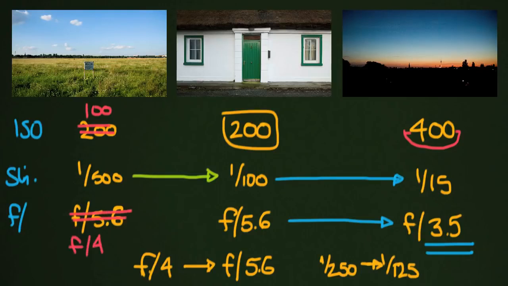So you've moved one stop here, so we've got minus one stop. Now we need to add a stop somewhere else, so we've added our stop here. The same thing if you were to do that to this 400 here. Say you were to make this 100 speed film. Well, that's two stops, so we've got minus two stops here.